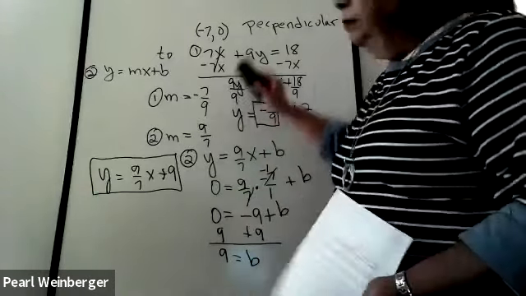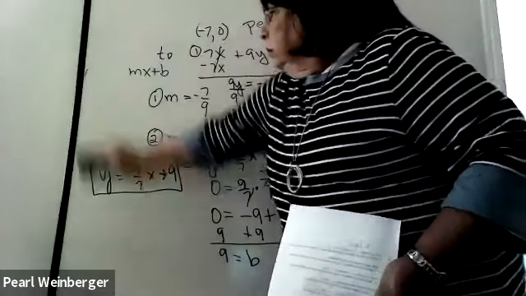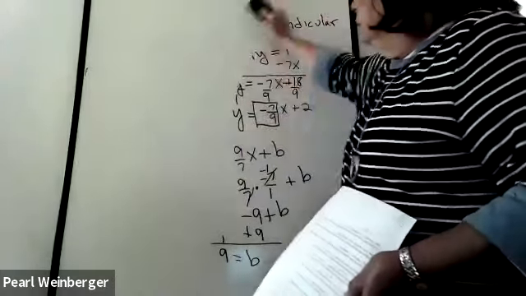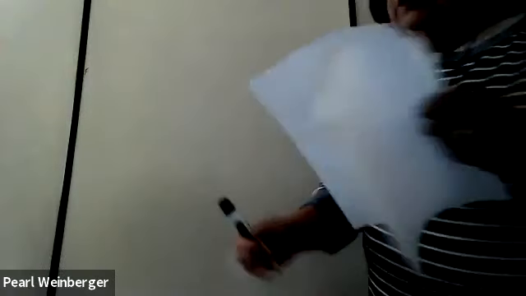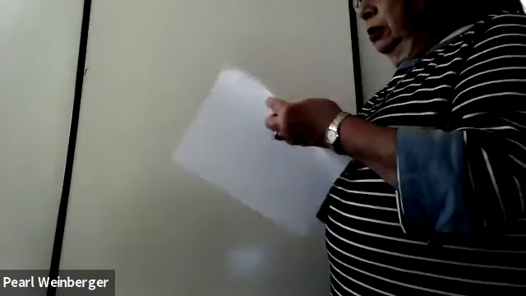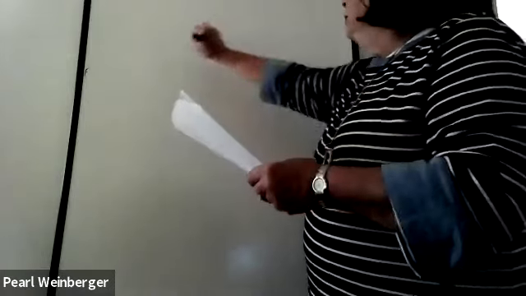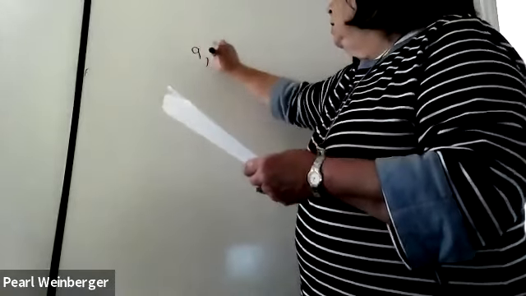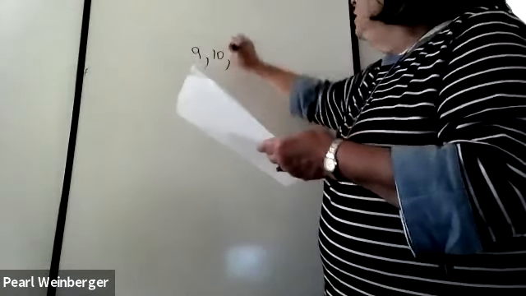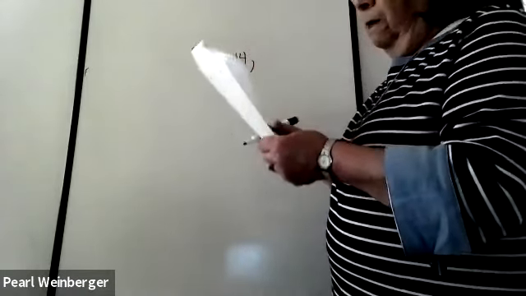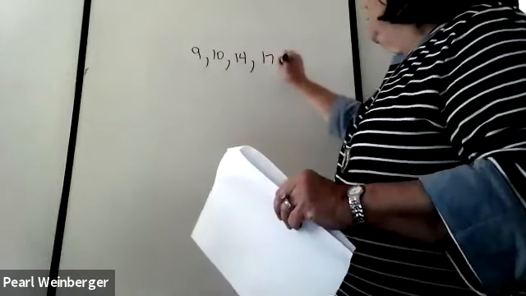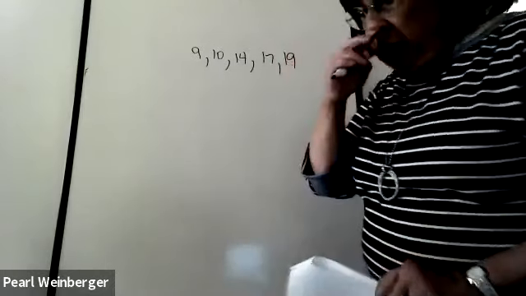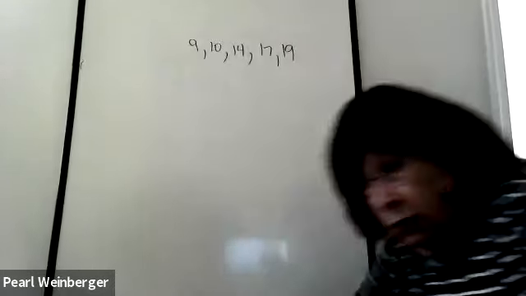Everybody okay with that? This is on practice example sheet 2. I want you to do examples 9, 10, 14, 17, and 19. Okay, I'm going to break you up into breakout rooms now.